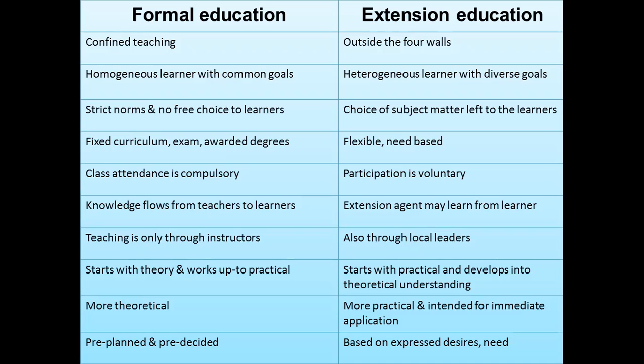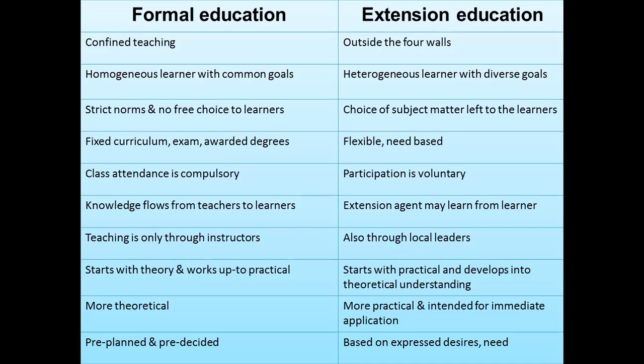But in extension, the choice of subject matter is left to the learner, because it is learner-centric. There is a fixed curriculum in formal education, but in extension there is a flexible and need-based curriculum. Class attendance is compulsory in formal education, but this kind of compulsion is not there in extension. It is participatory. Participation is voluntary in extension education.